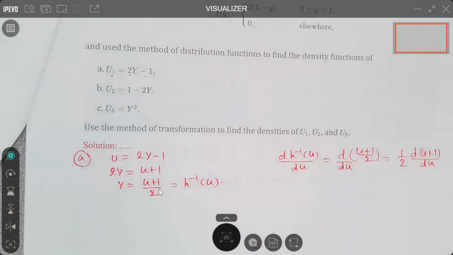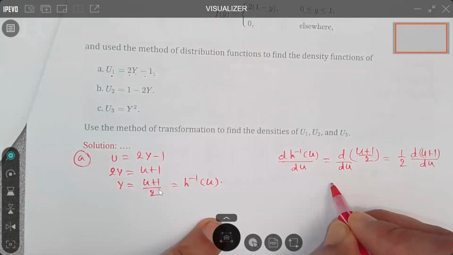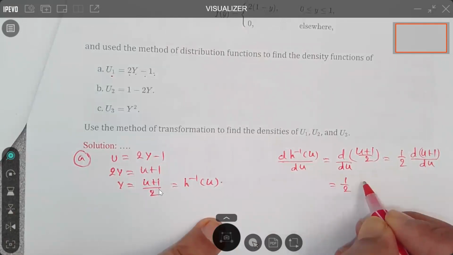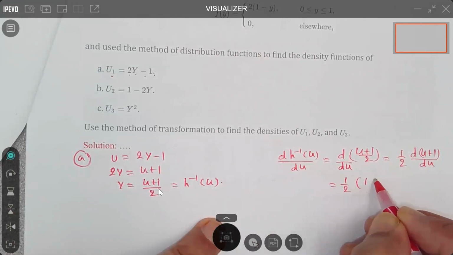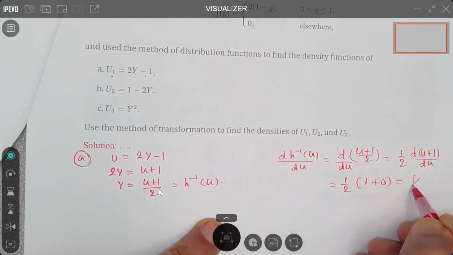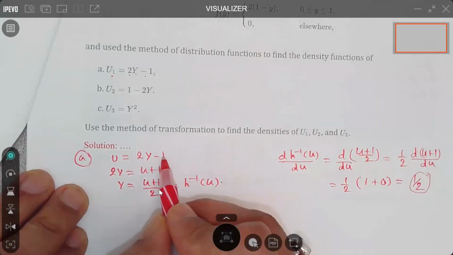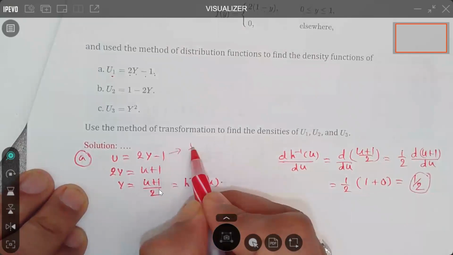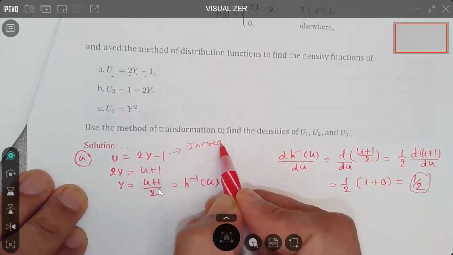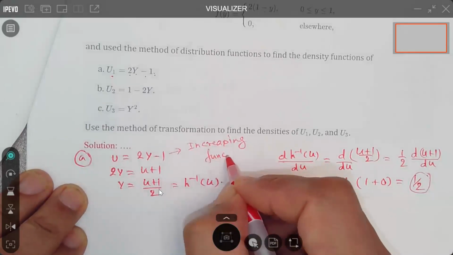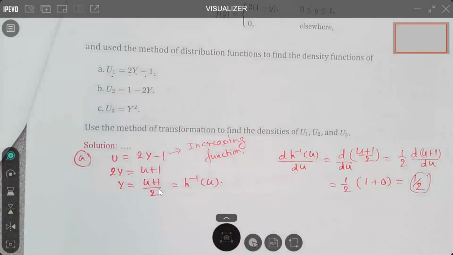So what is the derivative now? 1 plus 0, so this equals 1 over 2. You see this is an increasing function.